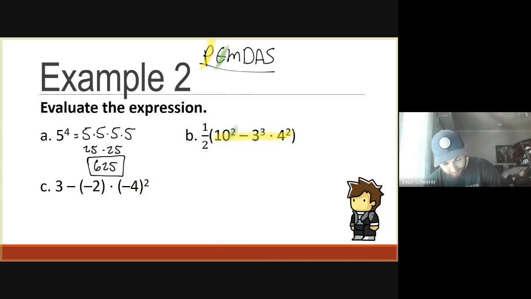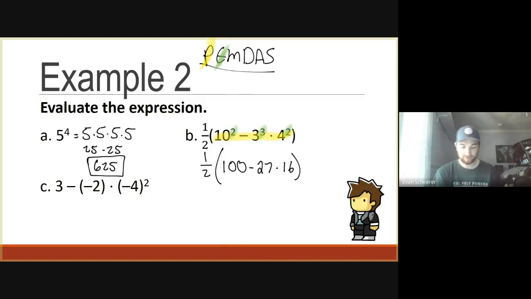I see the exponent here and I see the exponent there. So inside the 1/2 parentheses, I need to do 10 squared first. Well, 10 times 10 is 100, minus 3 times 3 times 3 is 27, times, now I missed that one right there, 27 times 16. So that gives me 1/2.